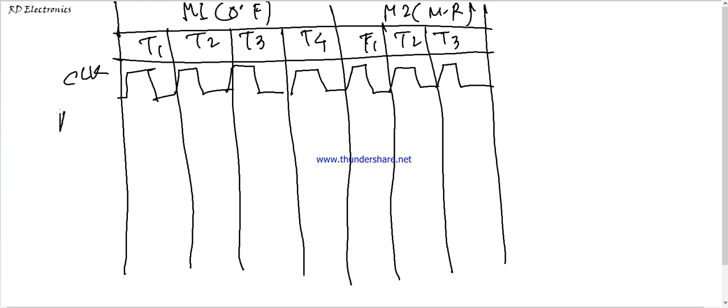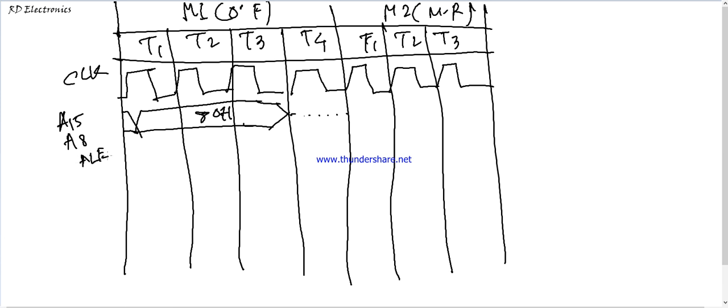Okay, now this is the higher address bus. In the higher address bus, the content is 80 and it goes up to 3 T states. So here the first address is 80 hex, this is the higher address, and this is ALE.